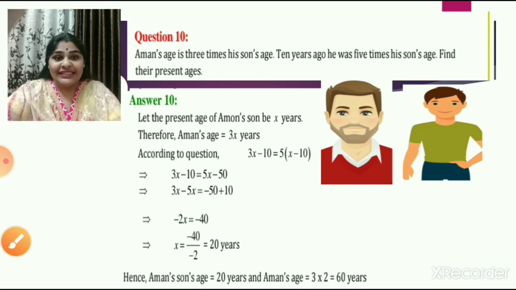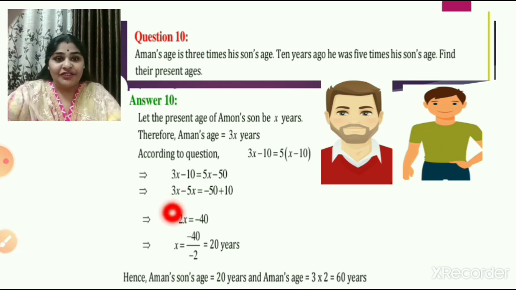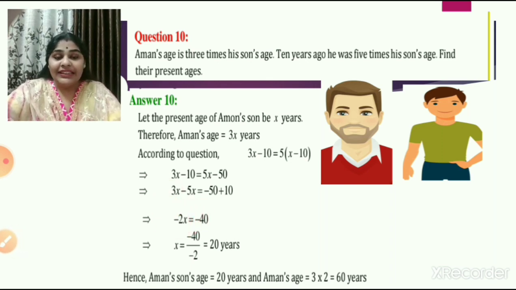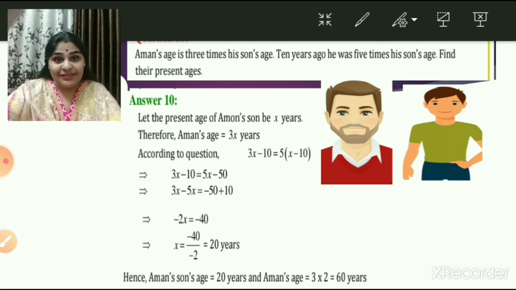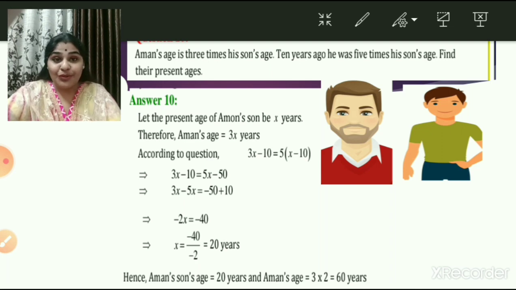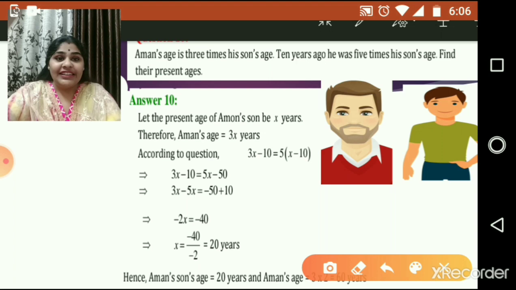So next one is 3x minus 5x is equal to negative 2x. Why negative 2x? Because 3 minus 5 it is, right? Therefore it is negative 2x equal to minus 50 plus 10, which will be equal to minus 40. And now here you can see in this step only negative 2 is present with the x.